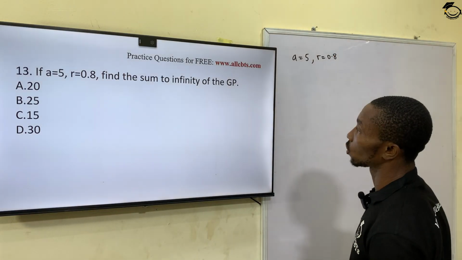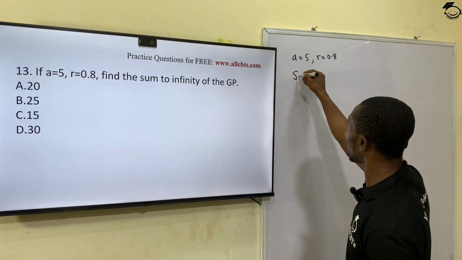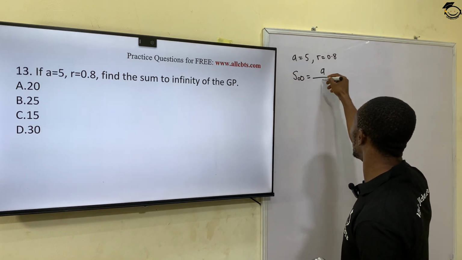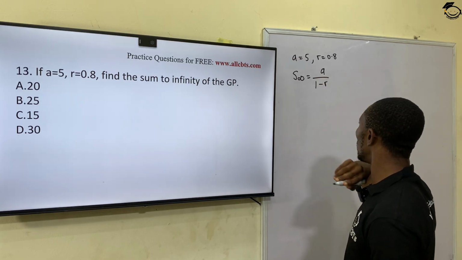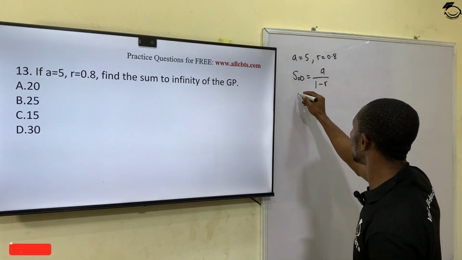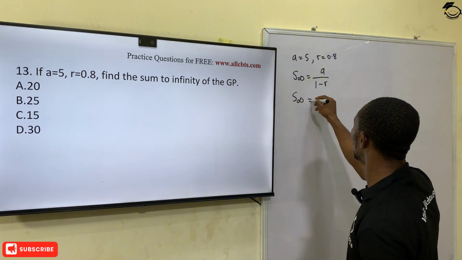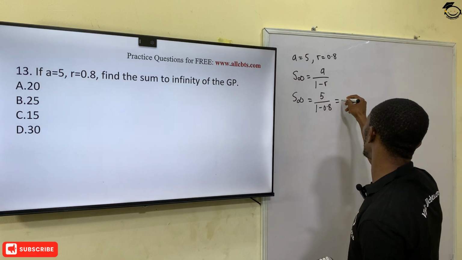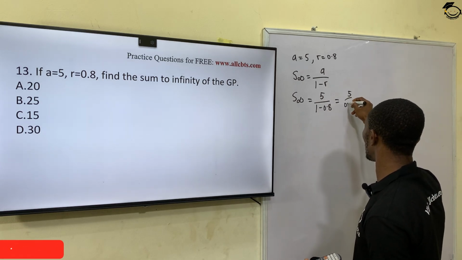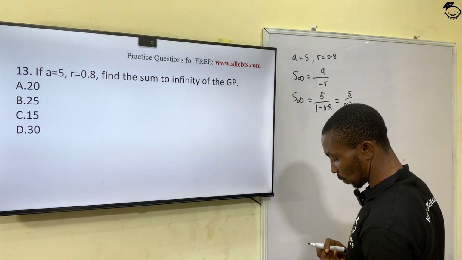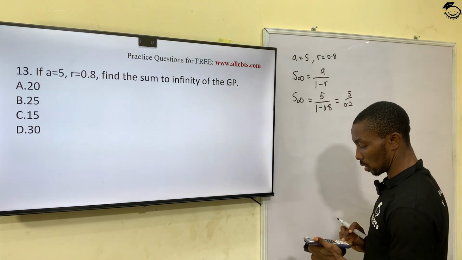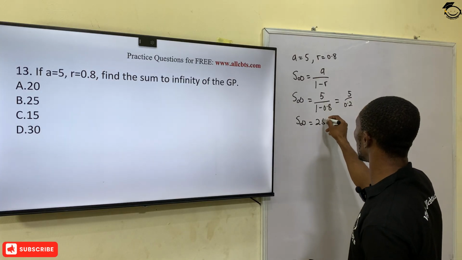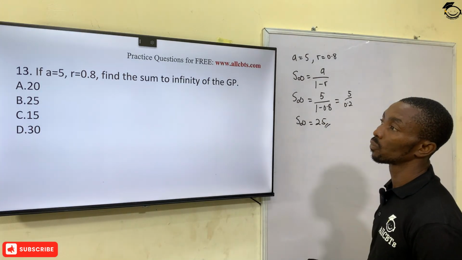Now, for us to find the sum to infinity, we have S infinity equals A over 1 minus R. So our sum to infinity would be 5 all over 1 minus 0.8, which gives us 5 over 0.2. So 5 divided by 0.2 would give us 25. So our sum to infinity gives us 25.